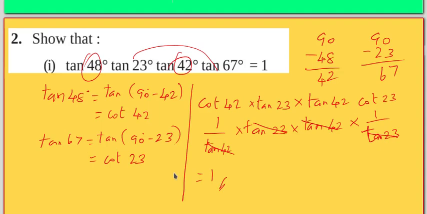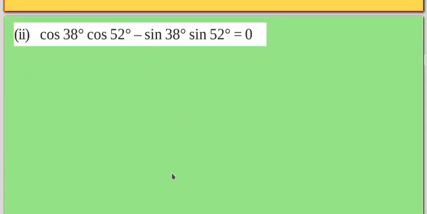Next question. Cos 38 cos 52 minus sin 38 sin 52. Cos A cos B minus sin A sin B equals 0. This we have to prove.